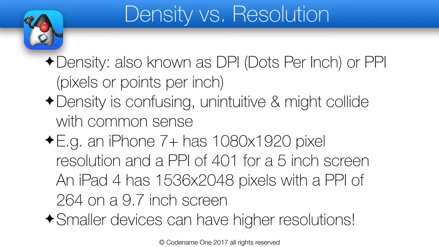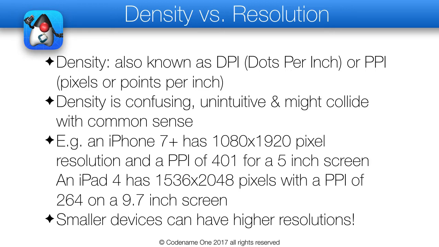Initially it doesn't seem like a big deal. Most of us are obviously usually focused on resolution. But here I give a relatively simple example of two relatively new devices, the iPhone 7 Plus and the iPad 4. Both of them are relatively new. The iPad 4 is almost twice the size of the iPhone 7, but they have almost the same number of pixels within them.